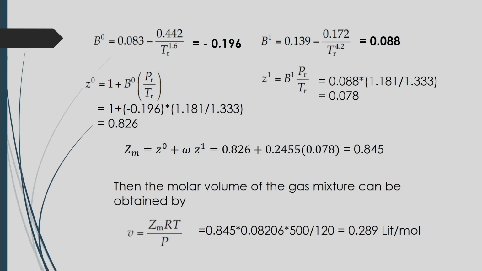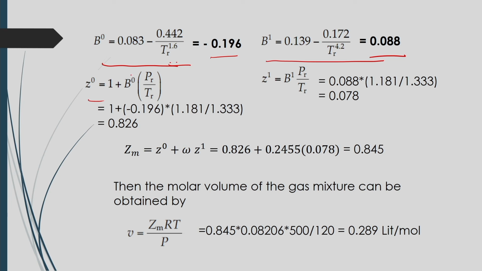After that, you have to calculate all the coefficients given here, like B0 and B1. In this equation, only the reduced temperature is required. So, B0 will be equal to this. Similarly, B1 is also a function of only reduced temperature, so you can calculate this value based on the reduced temperature. Now, Z0 is a function of reduced pressure and reduced temperature.